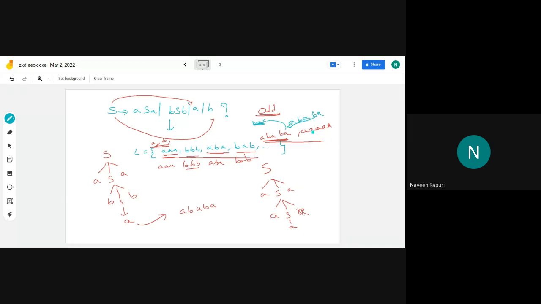So like that, we can say that these are palindromes. It is recognizing palindromes.